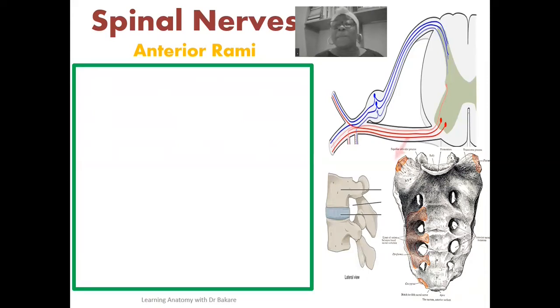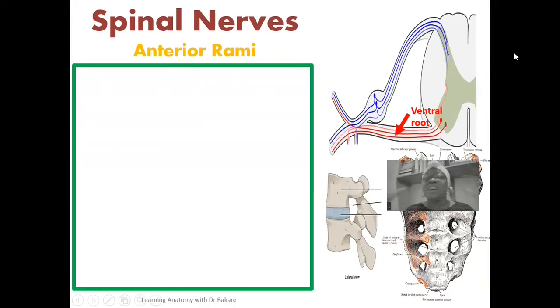So in the anterior part, this is where we have the collection of rootlets that emerge from the spinal cord on one side, and this is referred to as the ventral root because it is located in the anterior part. Then behind, we also have the collection of rootlets that combine to form the dorsal root. So from the spinal cord located within the vertebral canal, we have emergence of both the ventral root and also the dorsal root.